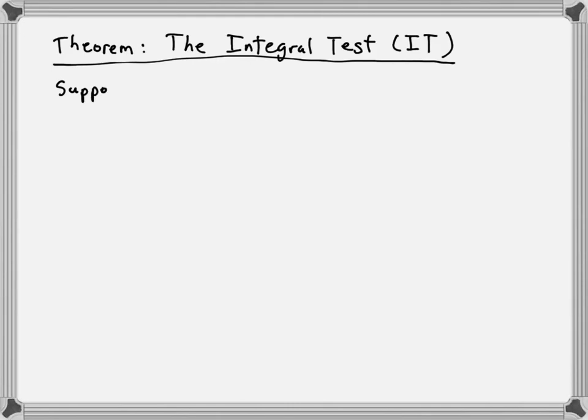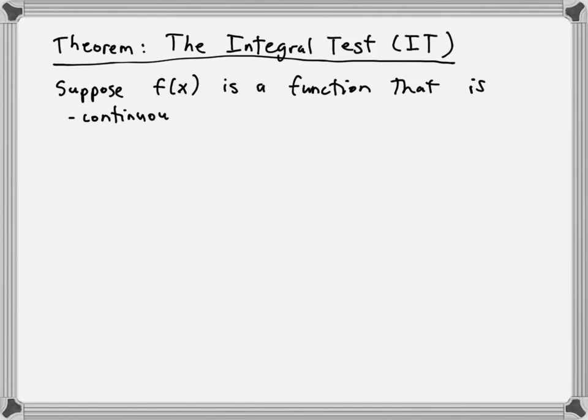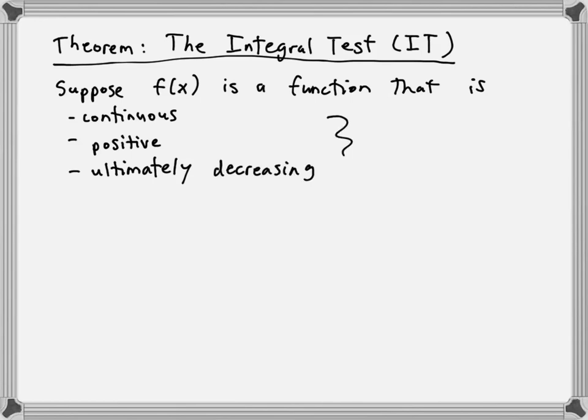Let's suppose that f of x is a function that is continuous, positive, and ultimately decreasing. And all of this is on 1 to infinity.